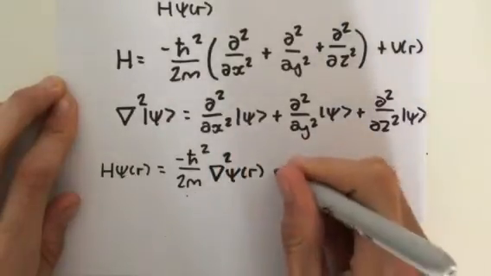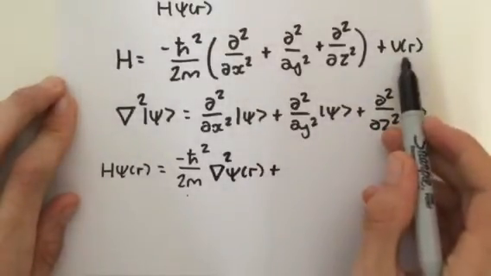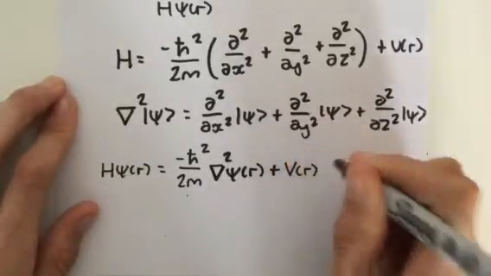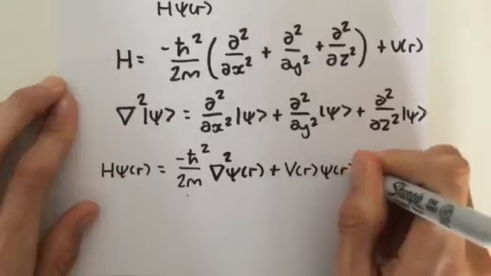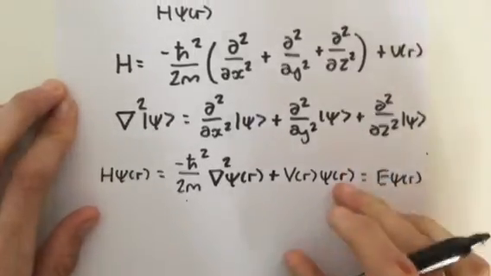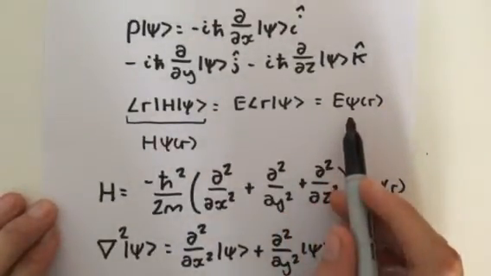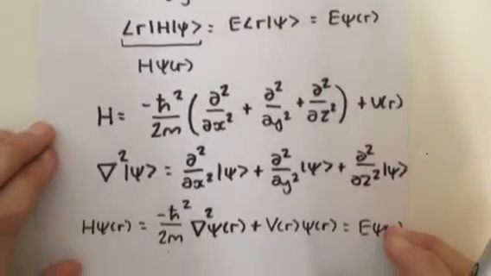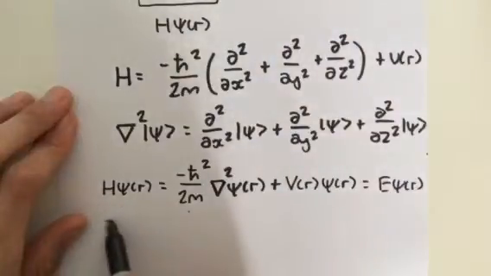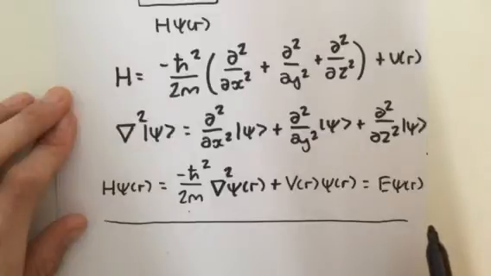And then of course we multiply our potential with our wave function, so we get V r multiplied by psi r, and that's of course equal to E psi r using this equation up here. Hopefully that makes sense, and you may know this as the time-independent Schrödinger equation.